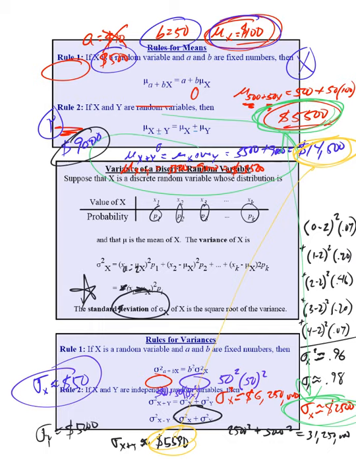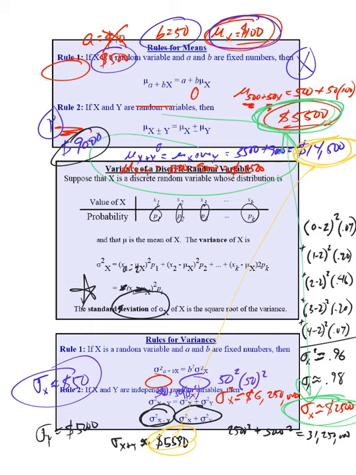The other item is that when you subtract, it still remains a plus here, and that has to do with squaring and the variance. We can't have a negative standard deviation, unlike the mean where we could have a negative, so you always add in this case. And you do need to look for the word independent in the question.